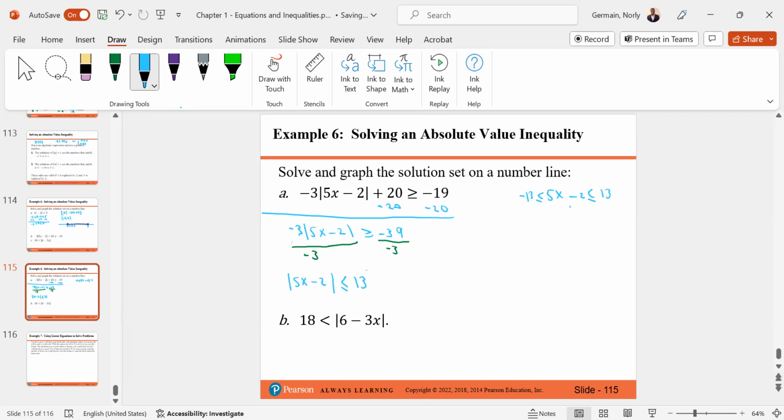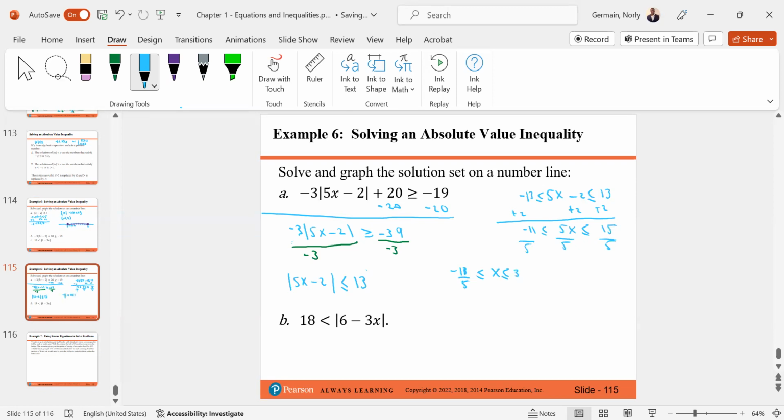If we add 2 to all parts, we have negative 11 less than or equal to 5x less than or equal to 15. Dividing everything by 5, x is between negative 11 over 5 and 3.